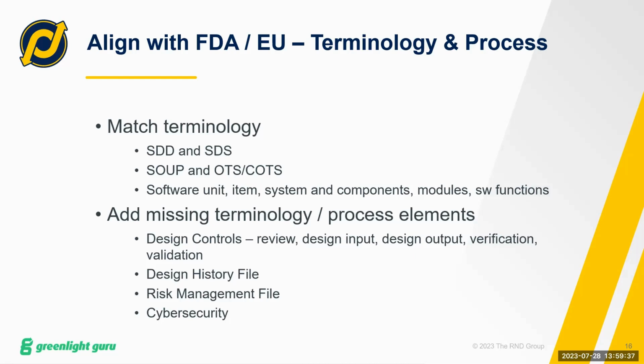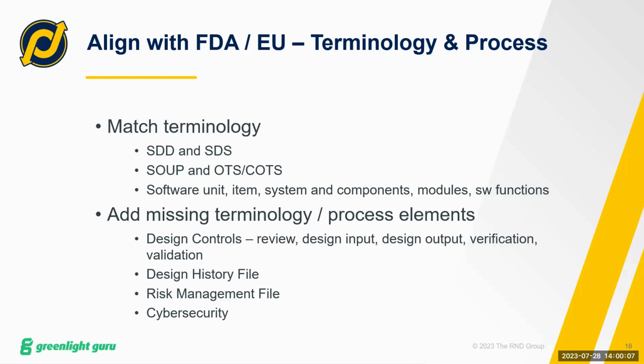So you may choose to adopt unit, item, and system and explain what that means, or you may choose to go with components and modules, but explain the correlation and connection to unit, item, and system. And same with software function. That's the new guidance document related to device software functions. So you want to make sure that you connect those dots between all of that terminology so that it's clear.